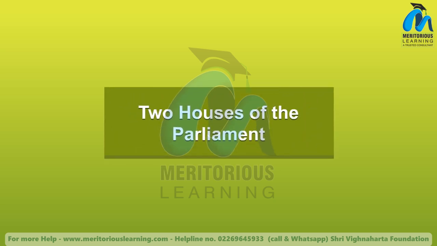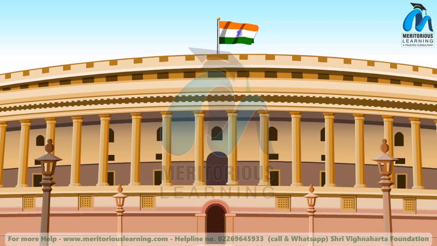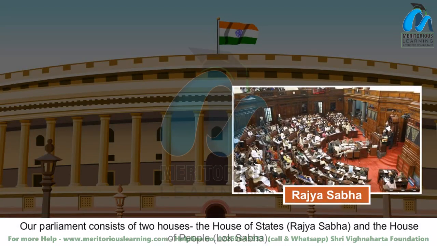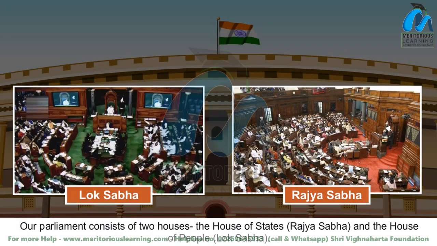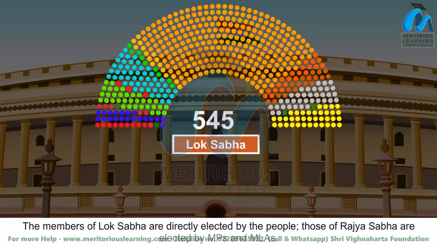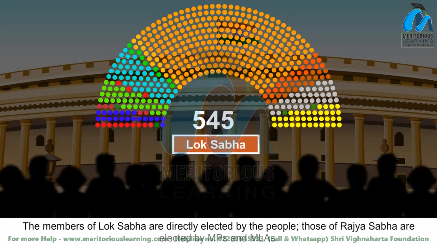Two houses of the Parliament. Our Parliament consists of two houses, the House of States, Rajya Sabha, and the House of People, Lok Sabha. The members of Lok Sabha are directly elected by the people.